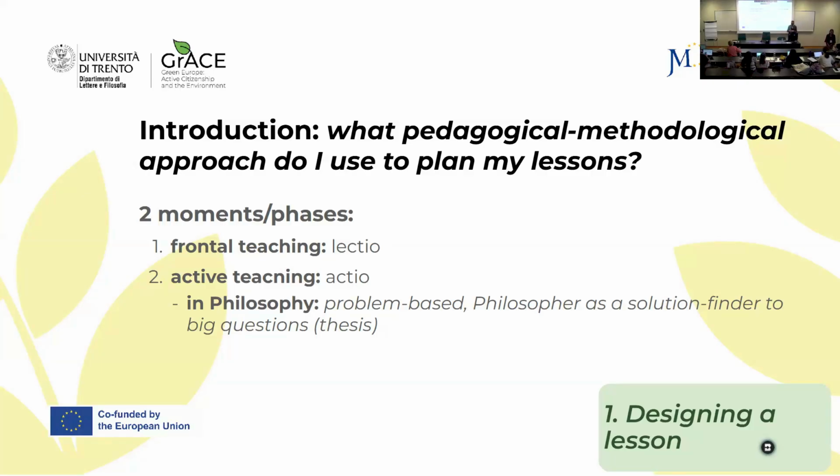I divide my school year in 4 main terms. It means 4 main questions, 4 main problems, and many theses. Is that clear? Give me feedback, please. I'm going to show you. So this is just an introduction.